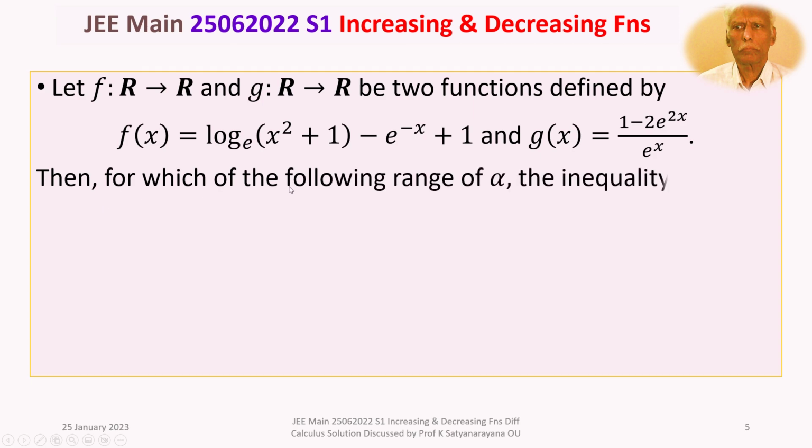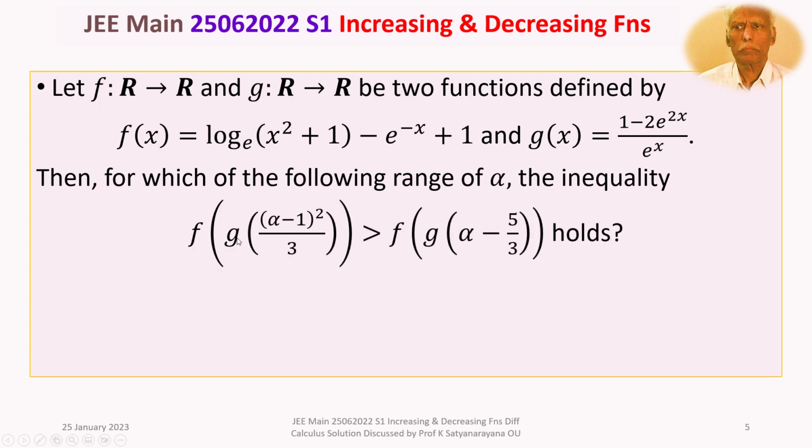Then, for which of the following range of alpha does the inequality f of g of alpha minus 1 whole square by 3 greater than f of g of alpha minus 5 by 3 hold?